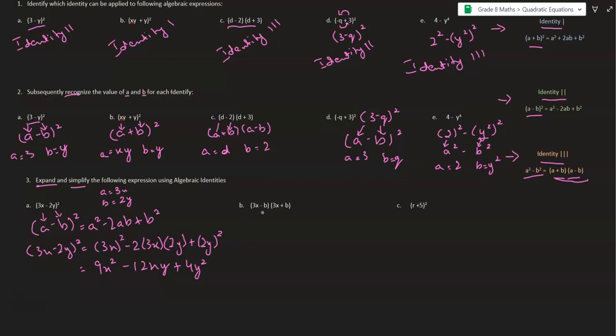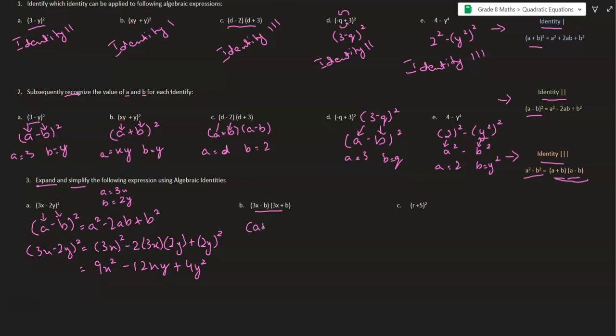If we look at part B, we see that we have to apply identity 3. So we are just going to write a square minus b square is equal to a plus b. So what we can actually do is, basically, we can write this part first because this is somewhere here.